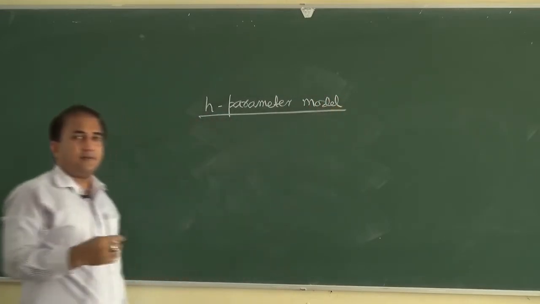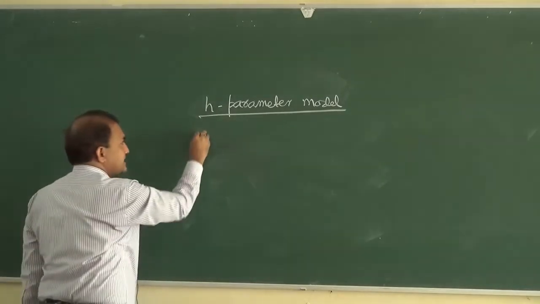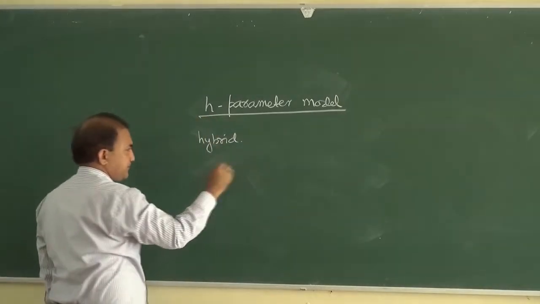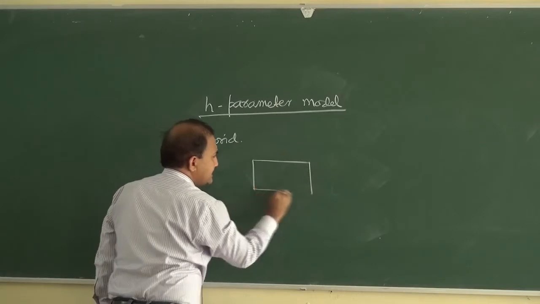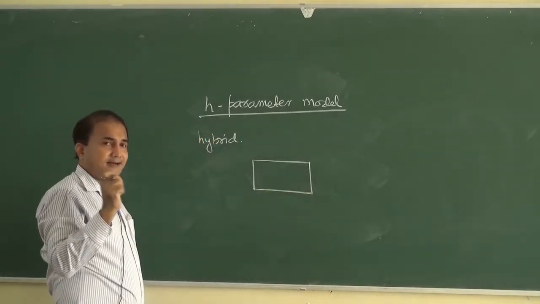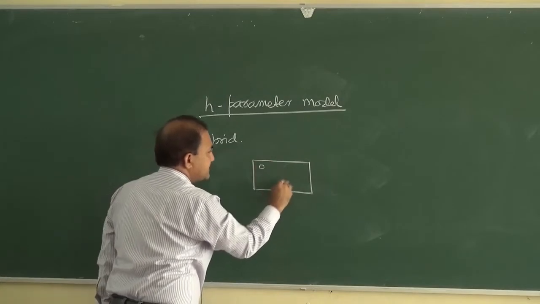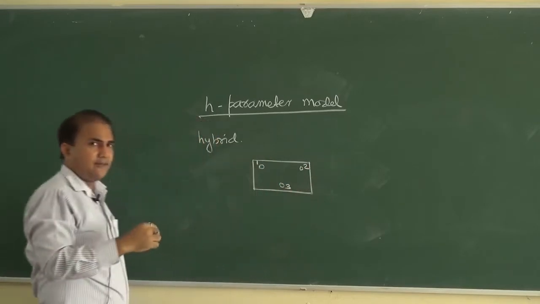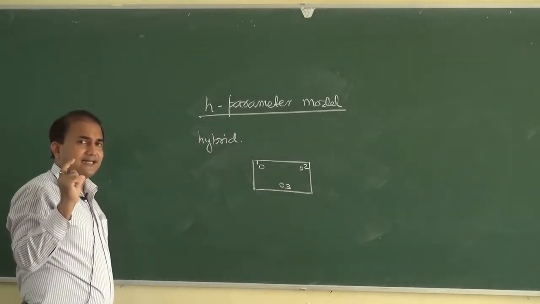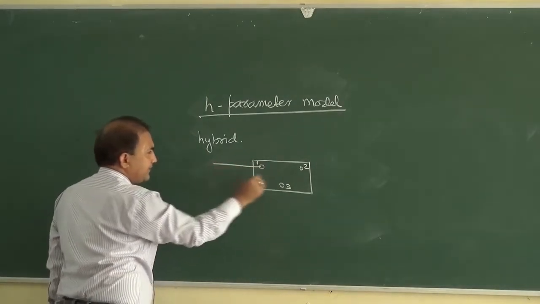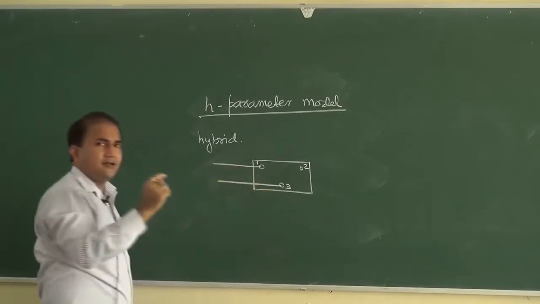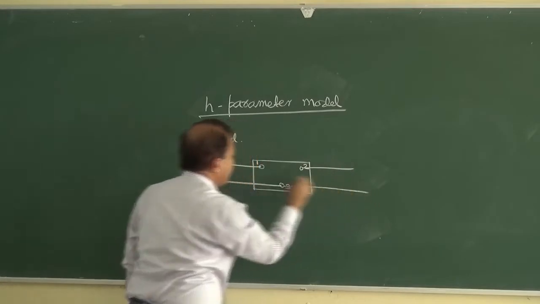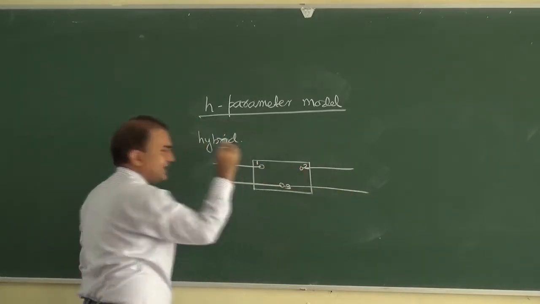So what is this H parameter model? The H parameter model is also known as the hybrid parameter model; H stands for hybrid. A transistor is a 3-terminal device. Suppose this is terminal 1, terminal 2 and terminal 3. We can make one terminal common to both input and output.